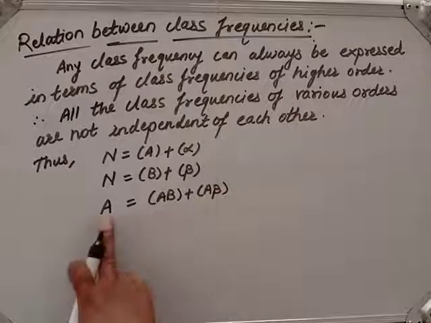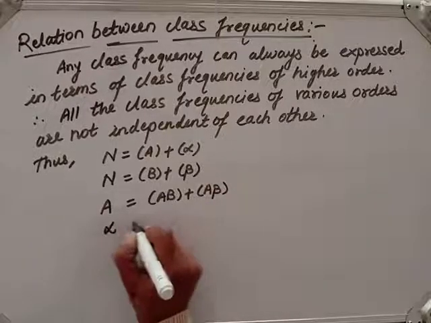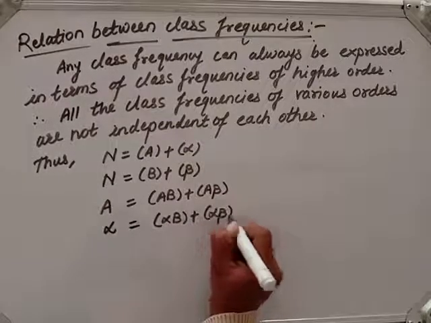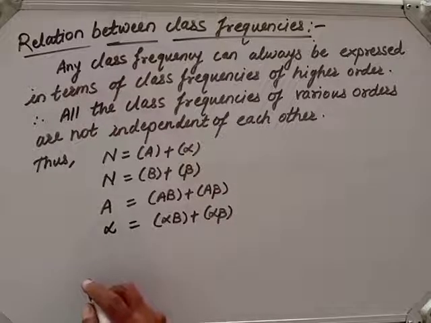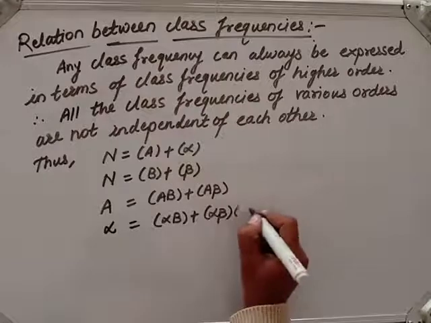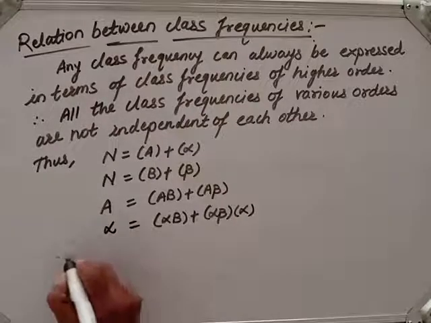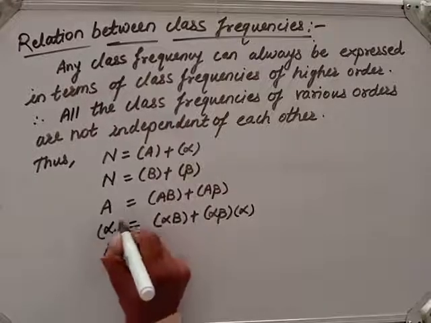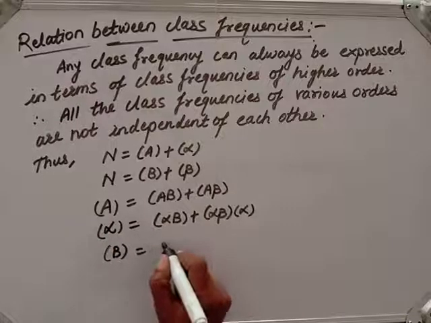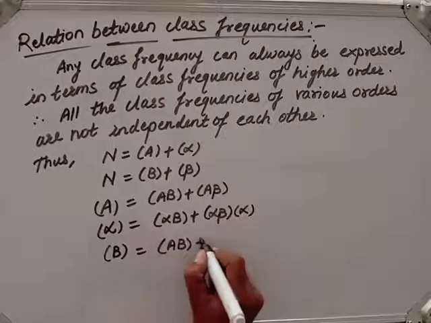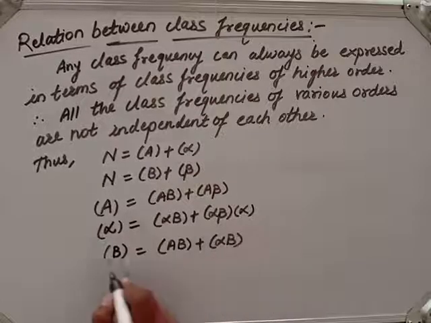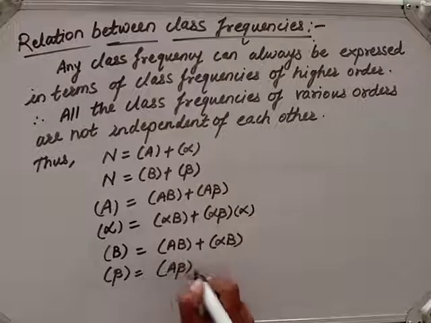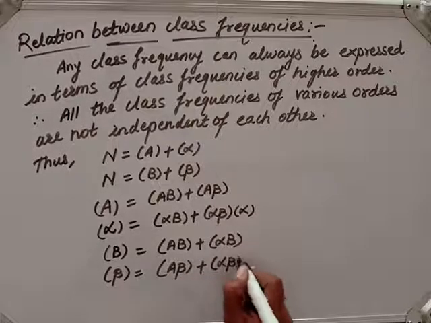Similarly, alpha can be written as alpha B plus alpha beta. Again, similarly, B can be written as AB plus alpha B, and beta can be written as A beta plus alpha beta.